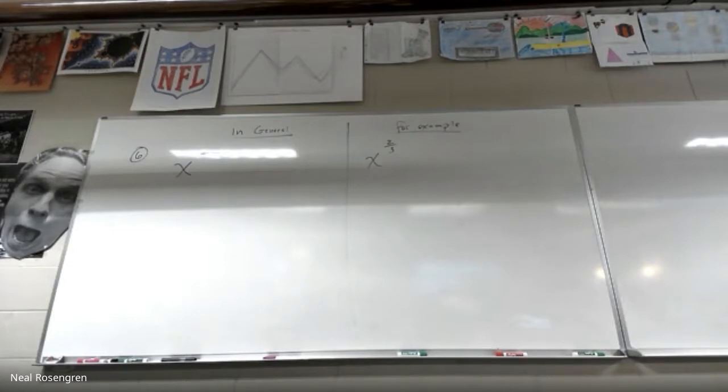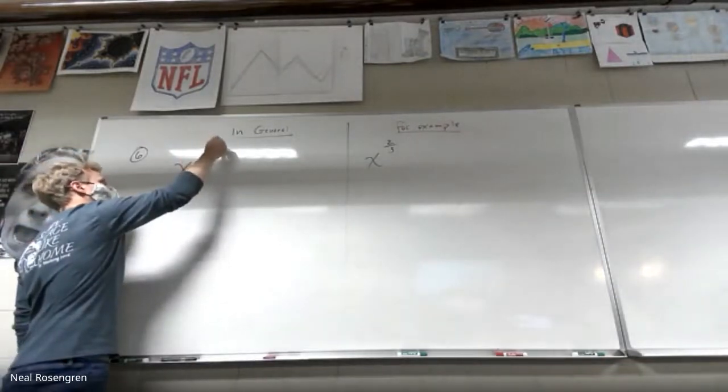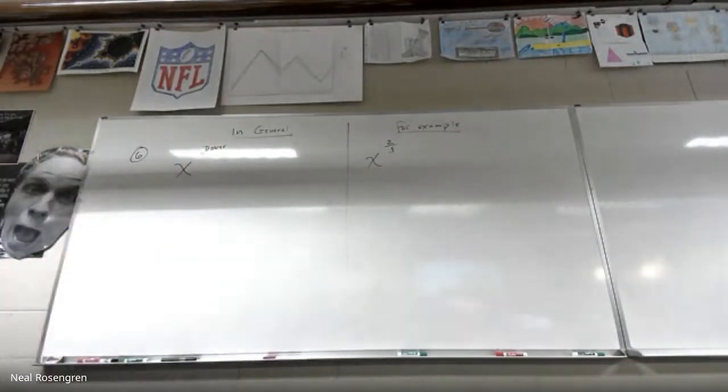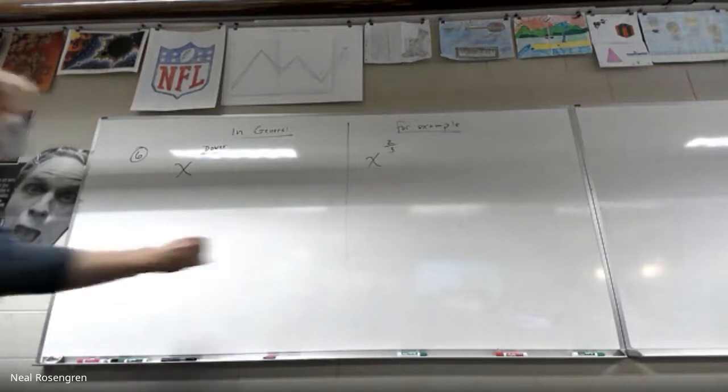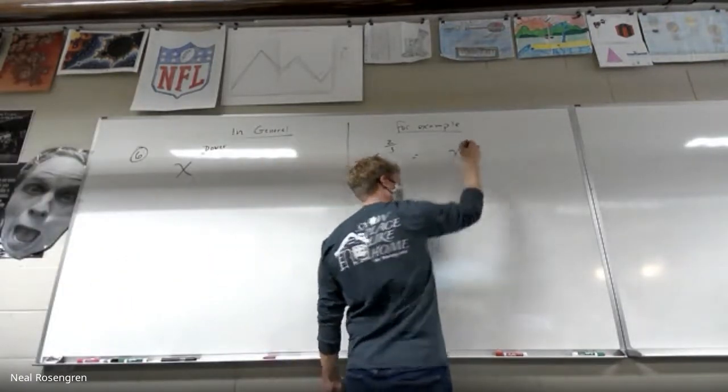And so what we're going to look at is each part separately. Okay, the top's going to do something, and the bottom's going to do something else. In general, the top of the fraction is going to be the power that you're going to raise that base to. Like so, in this case, this is going to have an x squared as part of it.